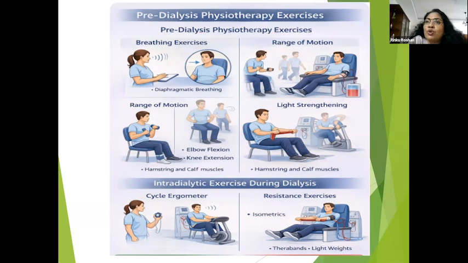That itself is going to cause all these problems: reduced endurance, reduced cardiopulmonary capacity, increased fatigue level, and reduced quality of life. Everything is interrelated, so range of motion is really important.